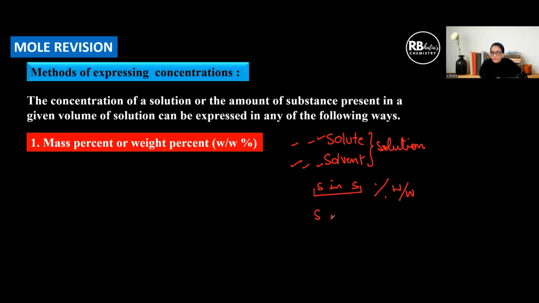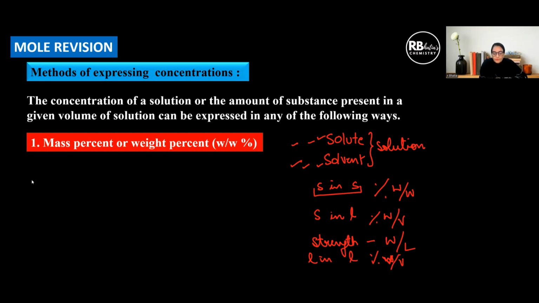If we are talking about something like solid in liquid kind of solution, we might be using a concentration term like percentage weight by volume, or maybe we need to use strength, which is describing the weight of solute per liter of solution, right? And in case we are talking about liquid in liquid, we could use a concentration term like percentage volume by volume. And similarly, for different kinds of solutions, we have various concentration terms.